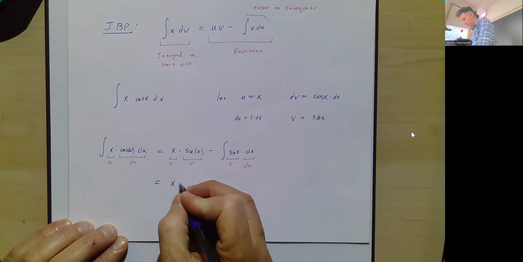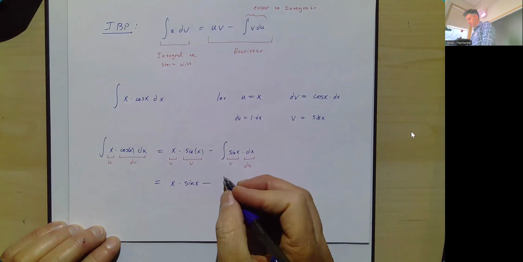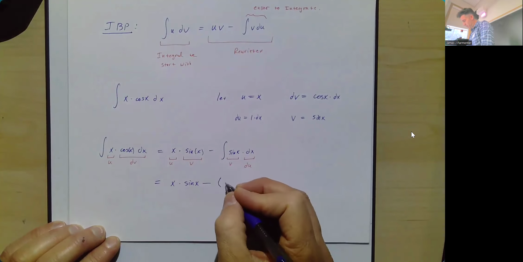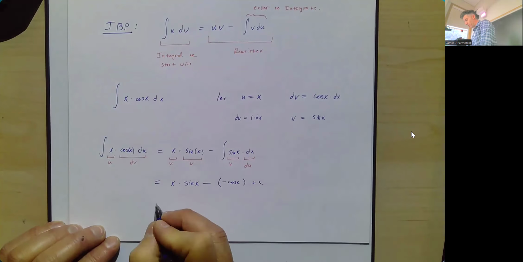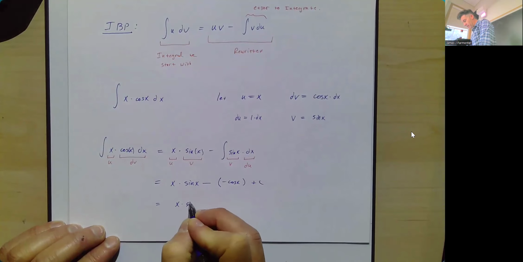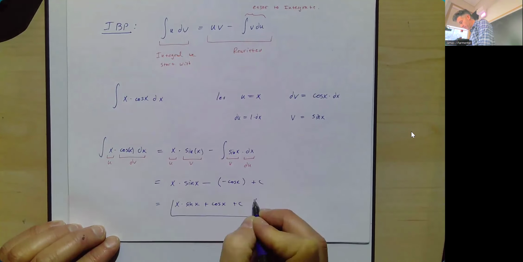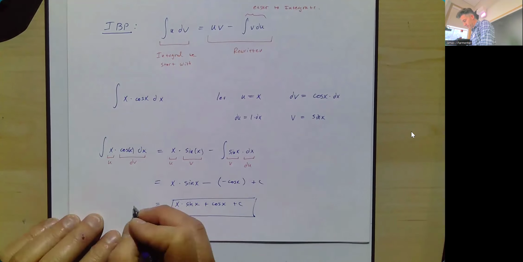We get x times sine of x minus the antiderivative of sine, which is cosine or negative cosine? Thank you, negative cosine of x, plus c. And then I would take one moment to rewrite this as x times sine of x plus cosine of x plus c. And that is the antiderivative of x times cosine of x.